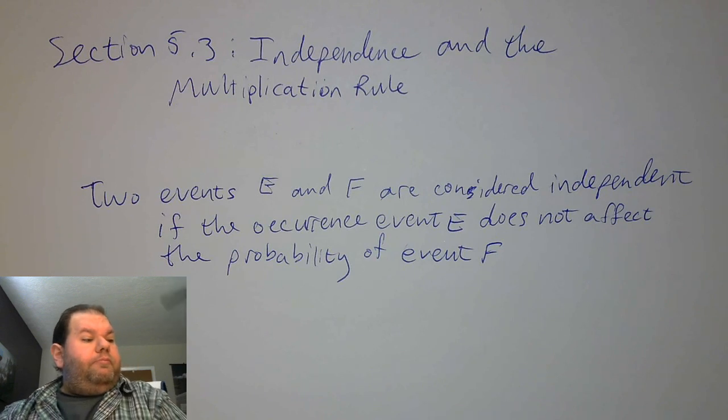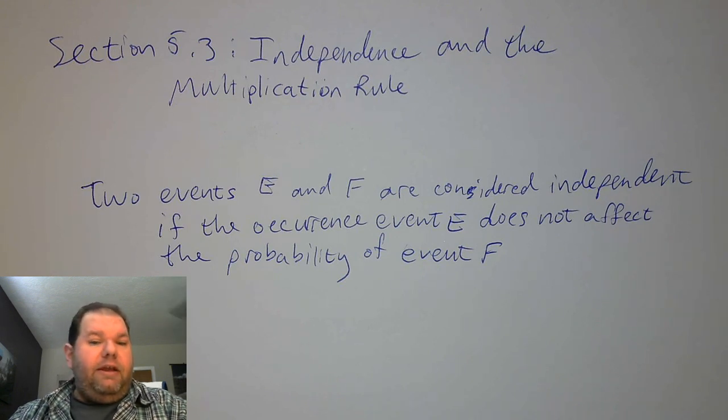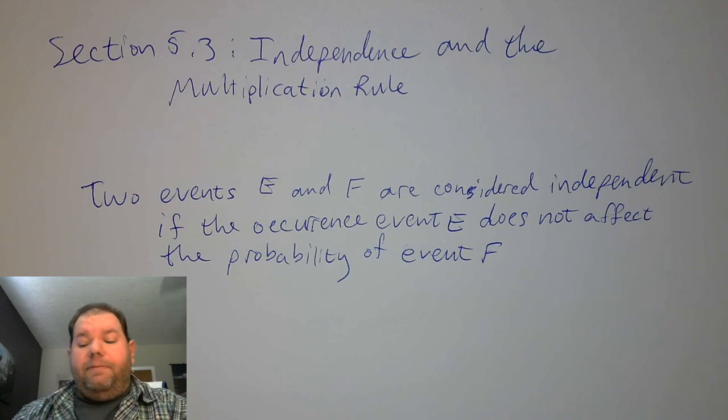Now, this leads to what we call the multiplication rule for independent events. And this is ultimately how we would test to see if two events are independent.